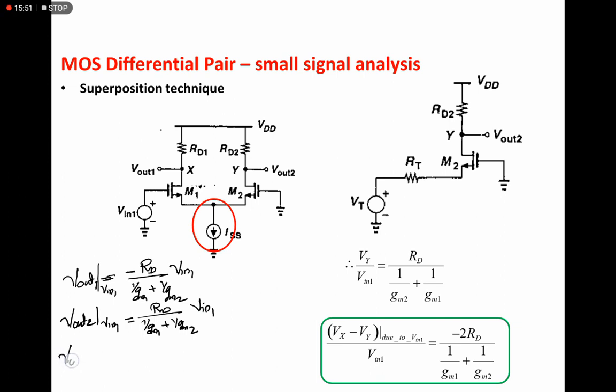So the effective output V out 1 minus V out 2 due to V in 1, assuming RD1 and RD2 are the same, becomes minus RD by 1 by GM1 plus 1 by GM2 into 2. The 2 is there because V out 1 is a negative quantity and we subtract V out 2, so minus of a positive quantity. So it is 2 into V in 1.